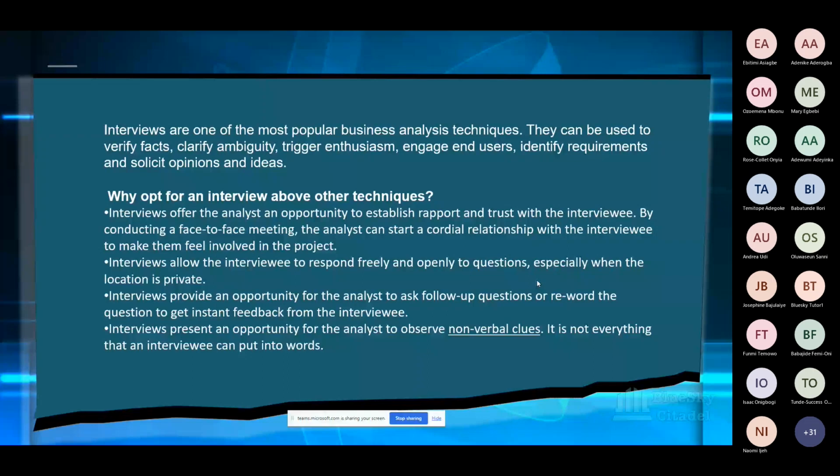Because you're communicating with somebody one-on-one, those are the opportunities that an interview gives to you as a business analyst.